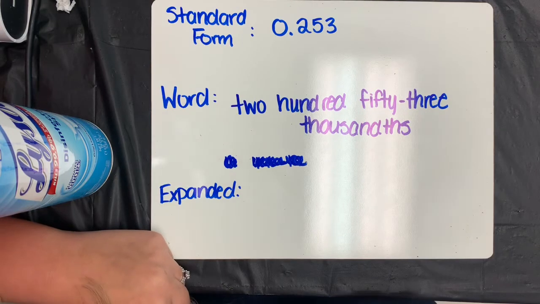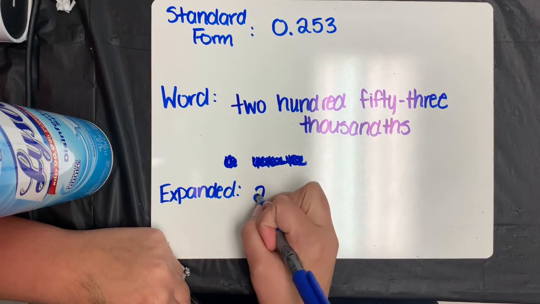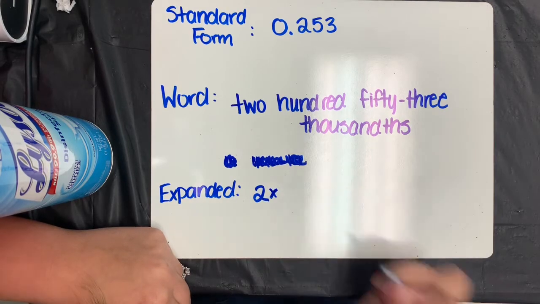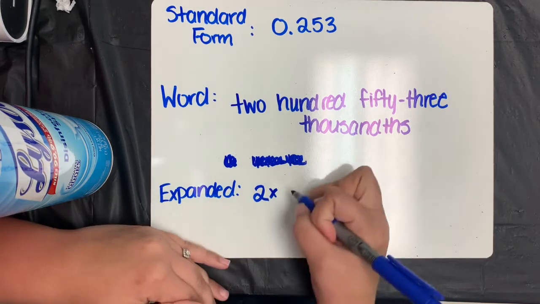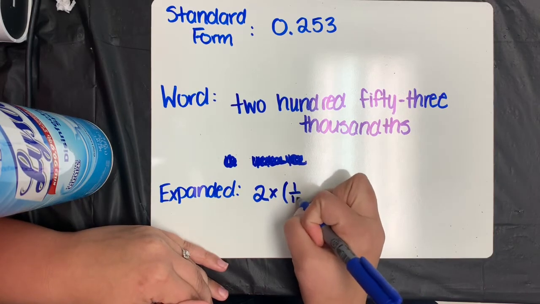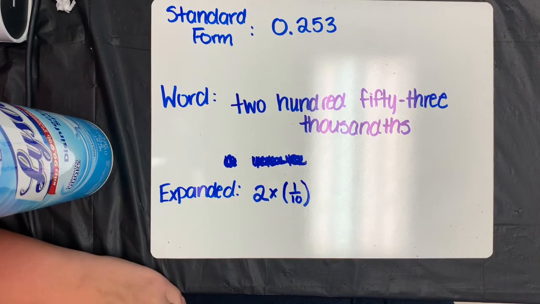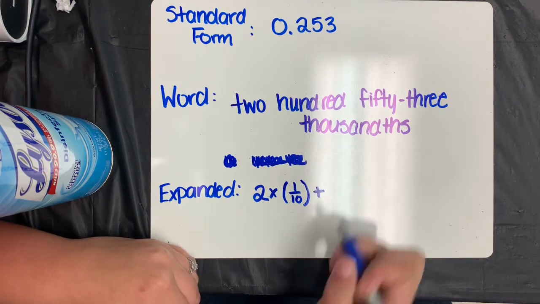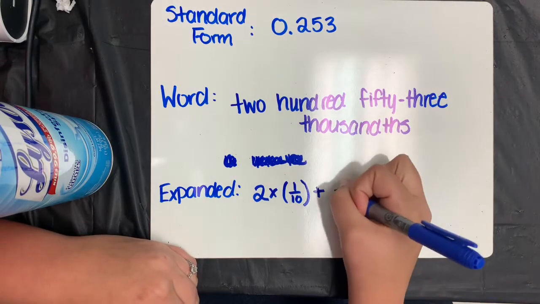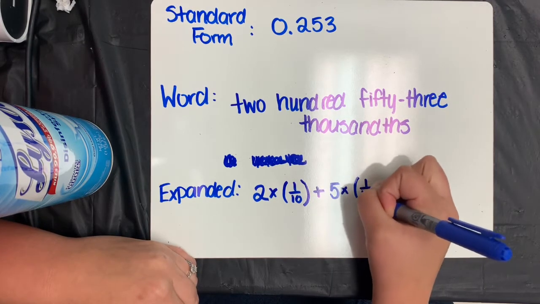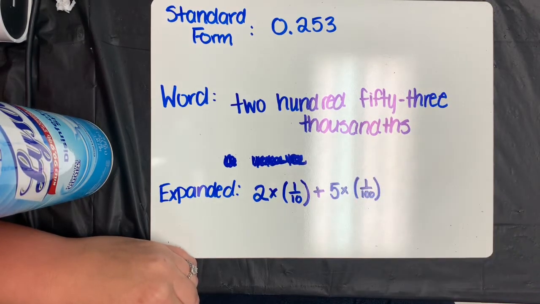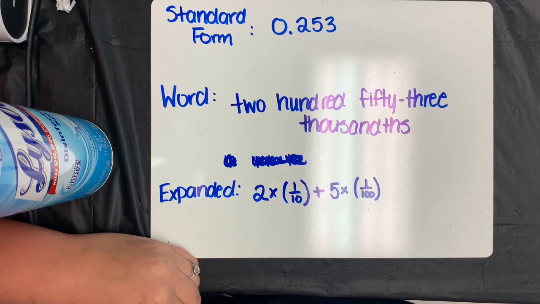So for the expanded form, we would write 2 times, oh my gosh, how do I write a tenth? There's a 2 in the tenths place, but I don't know how to write a tenth. You just write 1/10, just like a fraction. 2 times 1/10, plus, there is a 5 in the hundredths place, so 5 times 1/100.